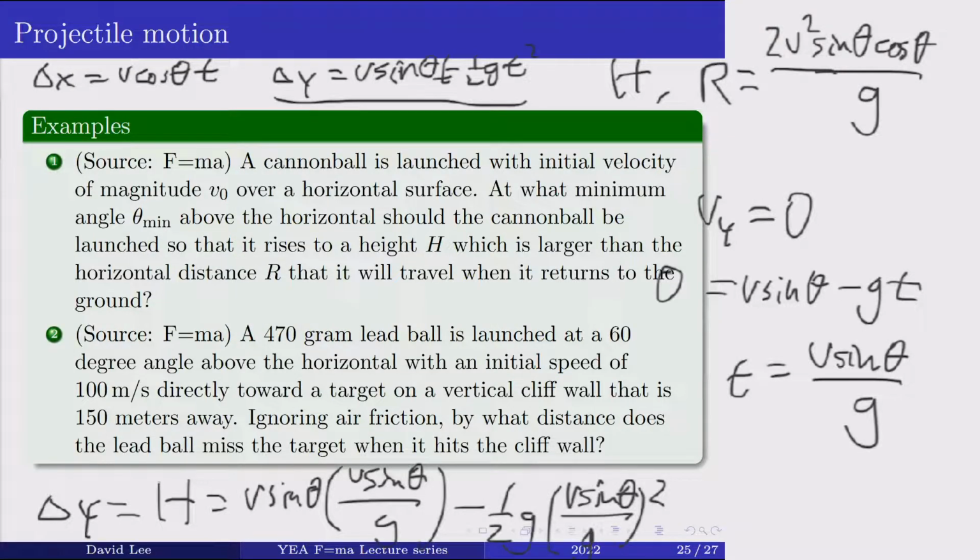Then we can do some algebra and simplify this. So this just becomes 1/2 v squared sine squared theta over g.